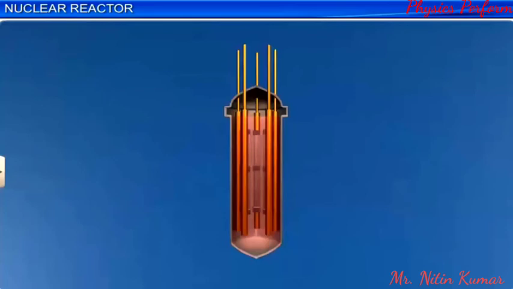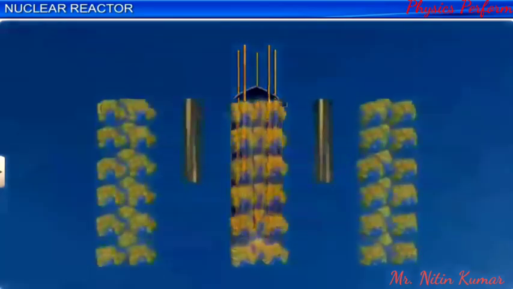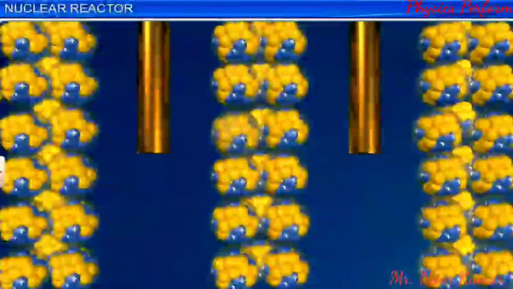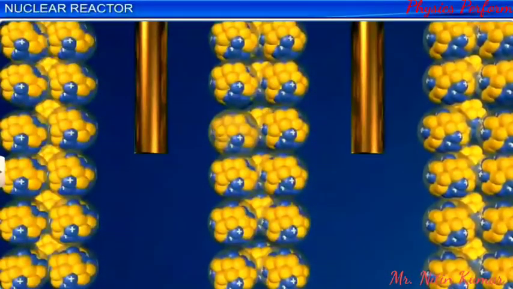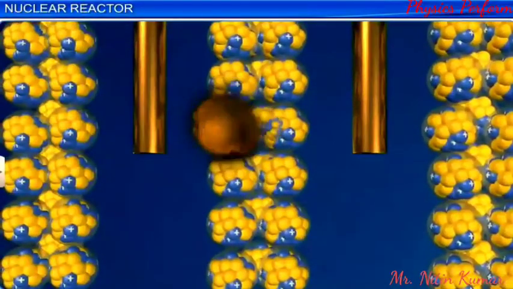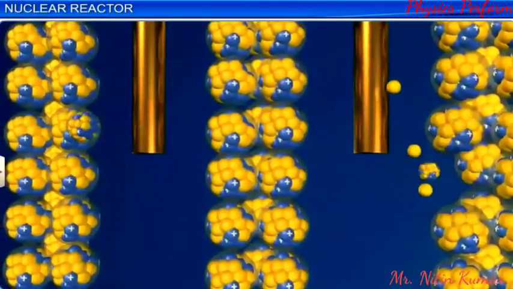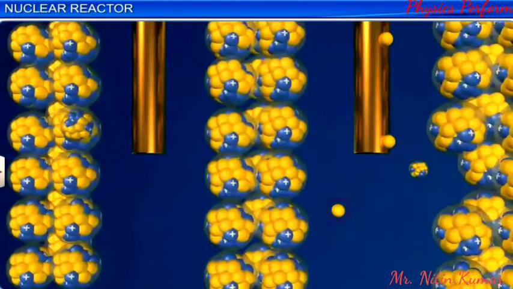As previously mentioned, out of an average of 2.5 neutrons produced, fission is always caused by 1 neutron only, and the value of K is equal to 1. This state is called the critical state of the reactor, wherein the reaction runs at a constant rate.